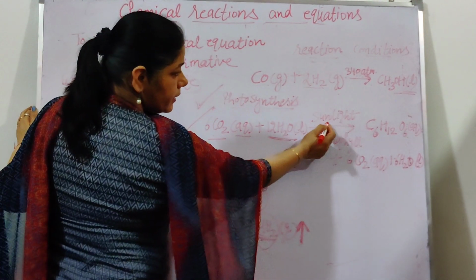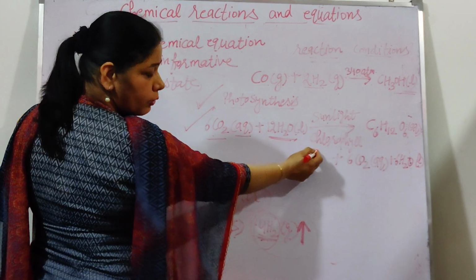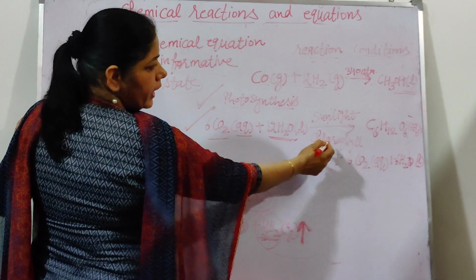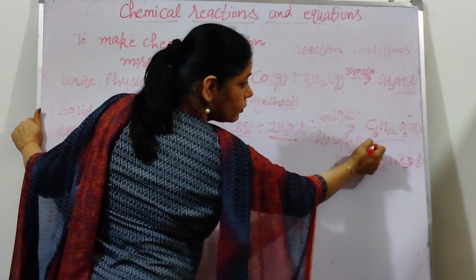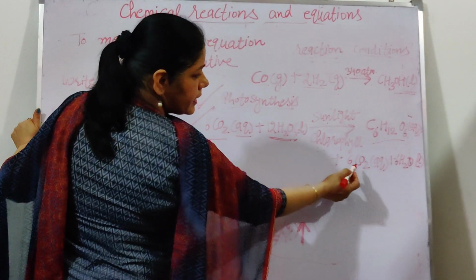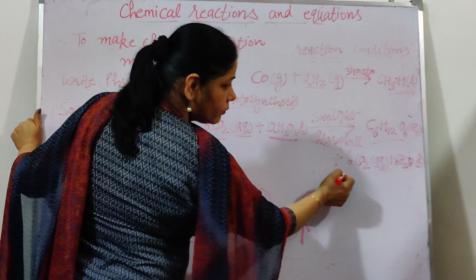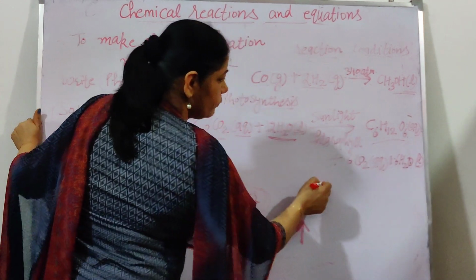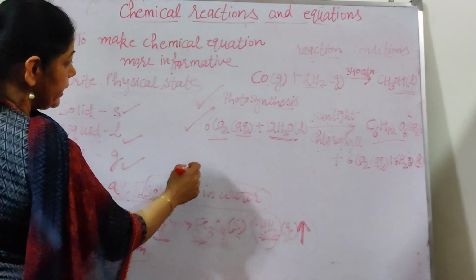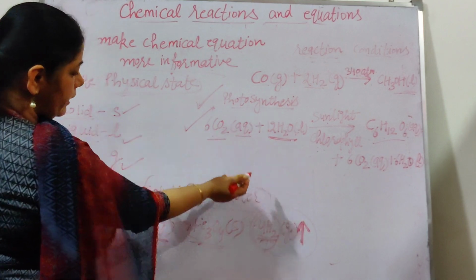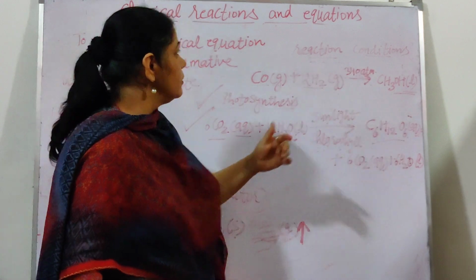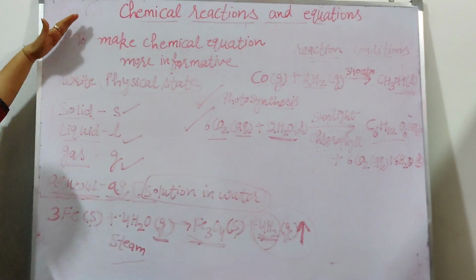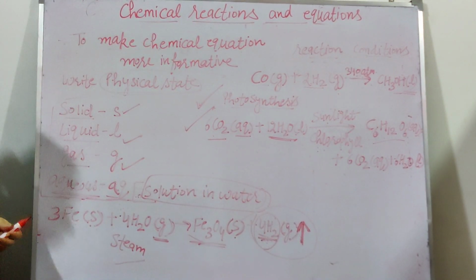It takes place in the presence of sunlight and chlorophyll. What is formed? C6H12O6, glucose, aqueous, then 6CO2, again aqueous, and water, that is liquid. When we write the physical state of elements and compounds, and sometimes the reaction conditions, this makes our chemical equation more informative.